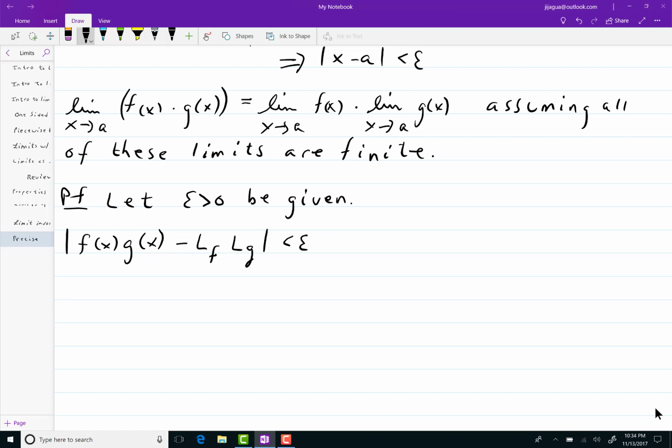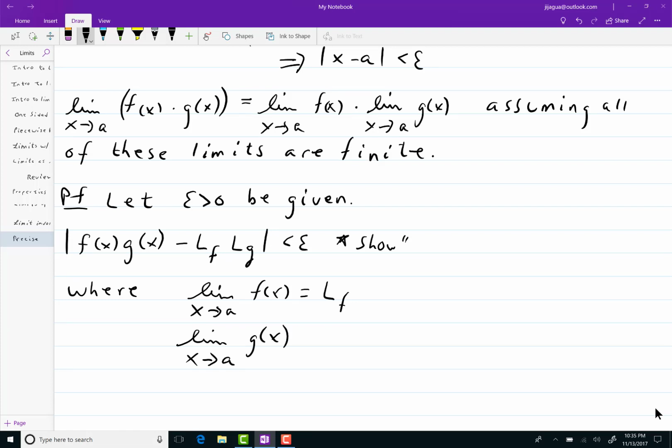This is what I need to show, where the limit as x goes to A of f of x equals L sub f, and the limit as x goes to A of g of x equals L sub g.